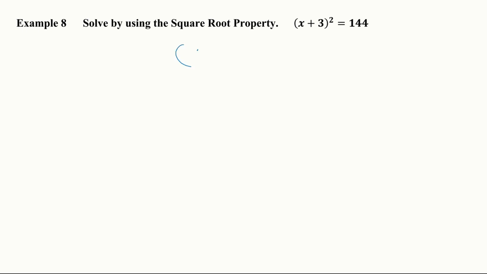Okay, so we have quantity x plus 3 squared equals 144. Remember, we did have a generalized version of the square root property that said if quantity ax plus b squared equals k, that implies ax plus b must be plus or minus square root of k. So we are ready to apply this generalized version of the square root property.